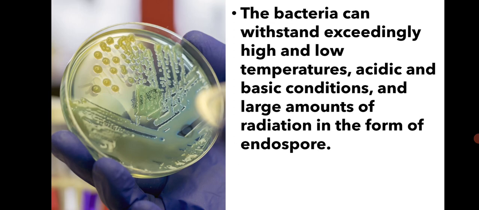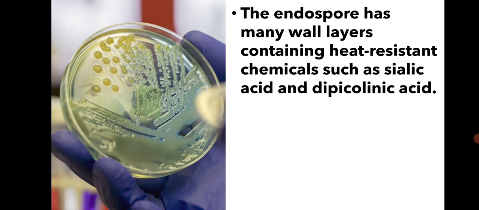The bacteria can withstand exceedingly high and low temperatures, acidic and basic conditions, and large amounts of radiation in the form of endospore. The endospore has many wall layers containing heat resistant chemicals such as sialic acid and dipicolinic acid.